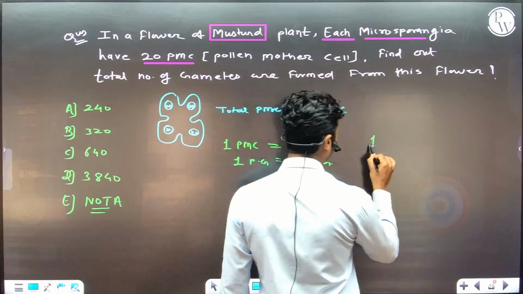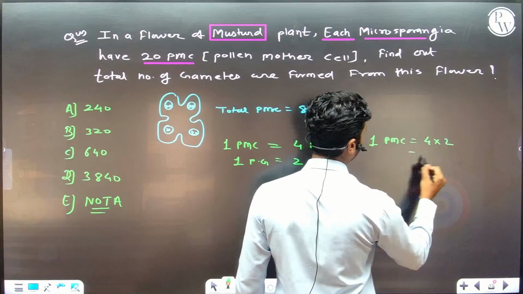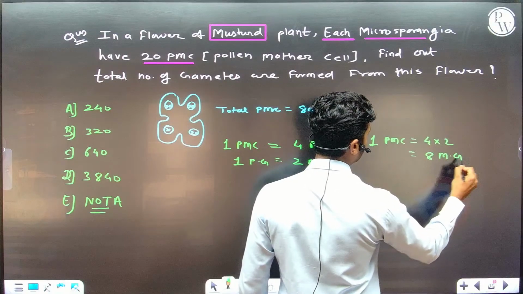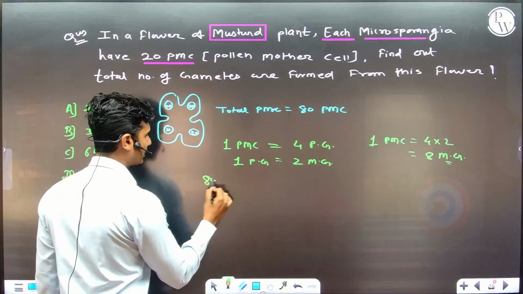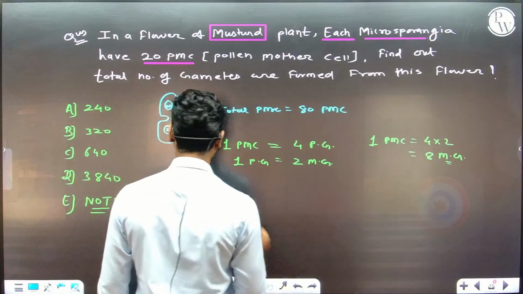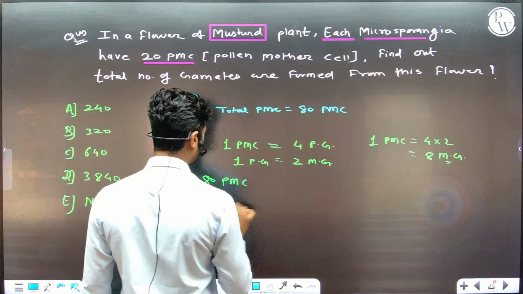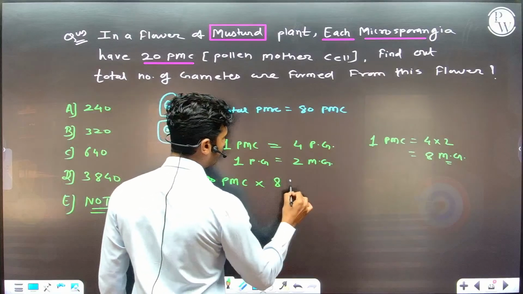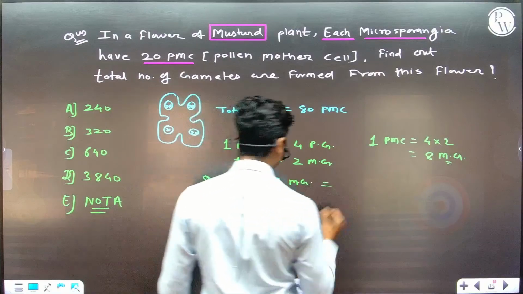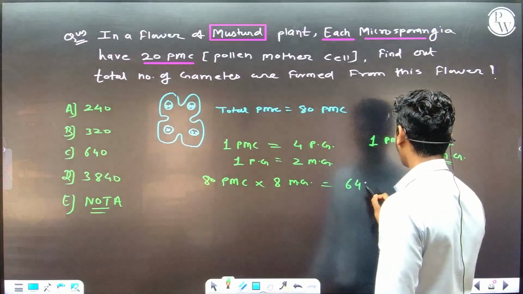So from 1 PMC, 4 into 2, total 8 male gametes are formed. So now with the help of 80 PMC, 80 into 8 male gametes, 8 8s are 64, so 640 male gametes.